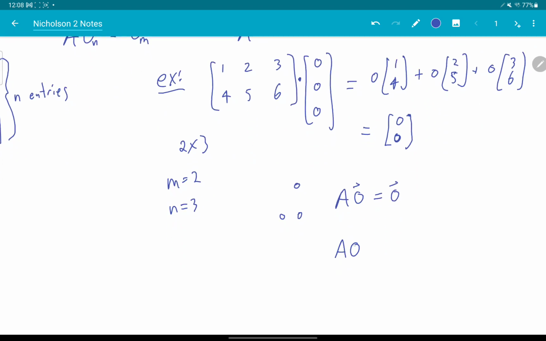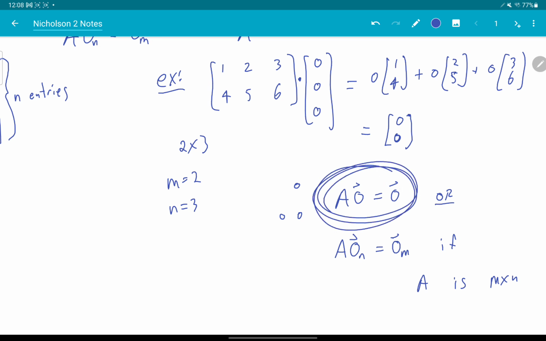And if you want to be more precise about it, I'll say it like that. Okay, my expectations are pretty light. I'm happy with this right here.